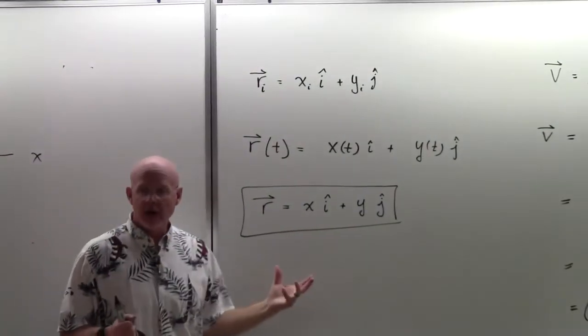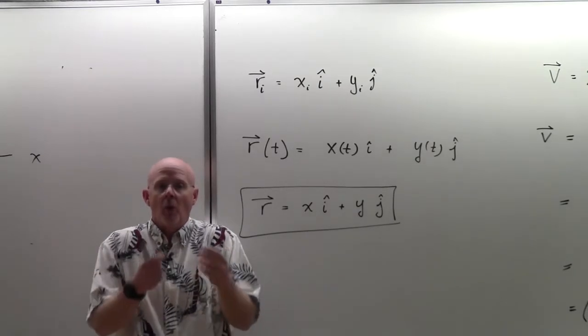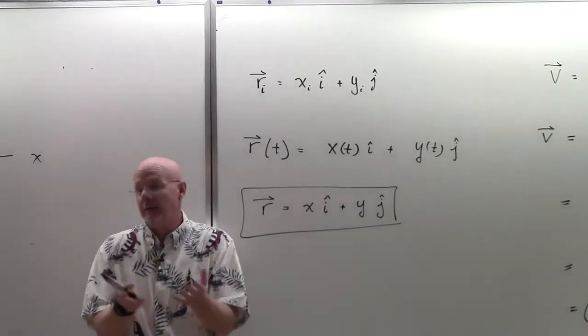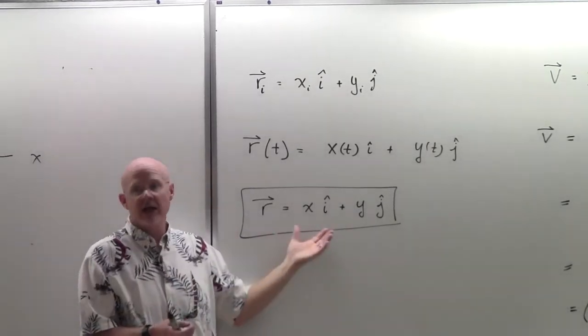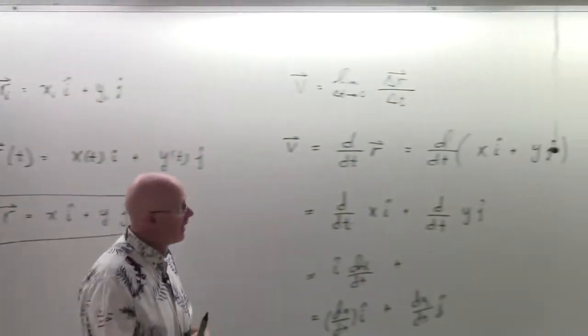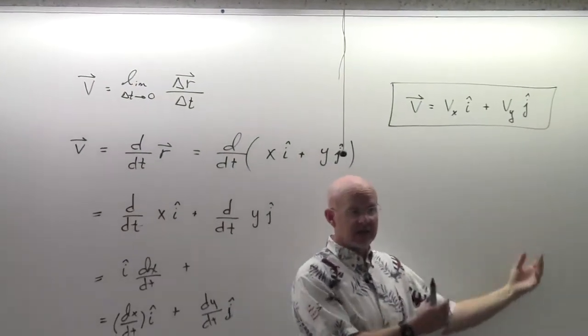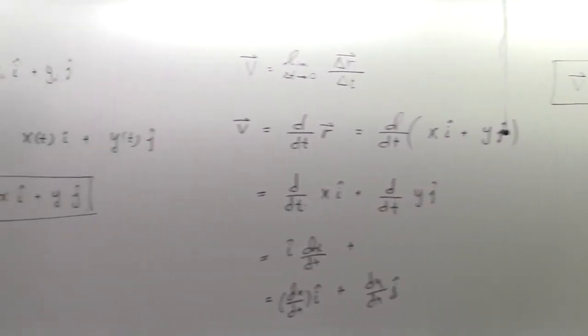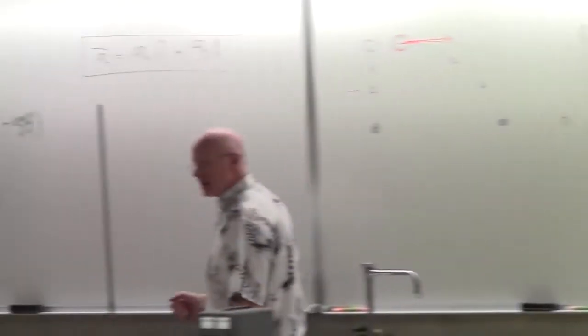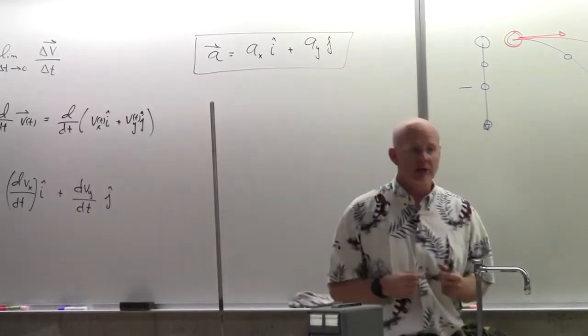And so I'm hoping that you see all I've done is taken the one-dimensional motion and doubled it, right? Instead of having an x, I have an x and a y. Instead of only having one velocity, I have a velocity in the x and a velocity in the y. Instead of having just one acceleration, I have an acceleration in the x and an acceleration in the y.